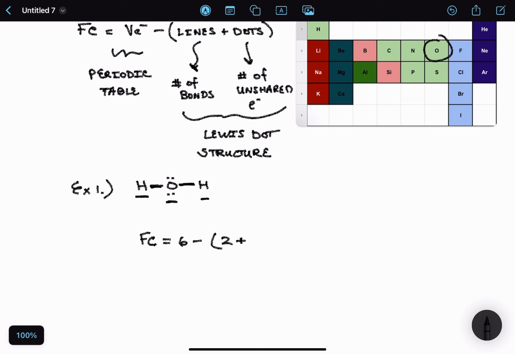It's not asking the number of lone pairs, it's asking the number of unshared electrons. So I have 1, 2, 3, 4. So 2 plus 4 is 6, so 6 minus 6 is going to be 0. So this water is neutral. The oxygen has no charge on it, and the overall charge of the molecule is neutral.